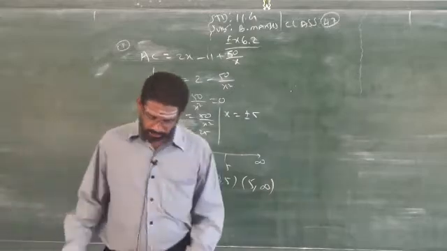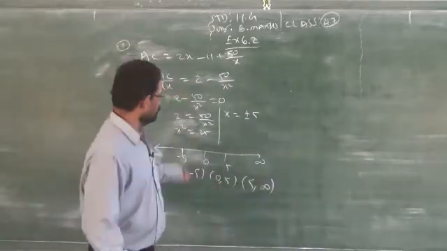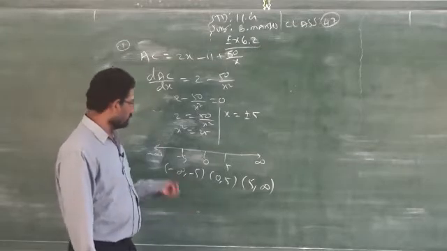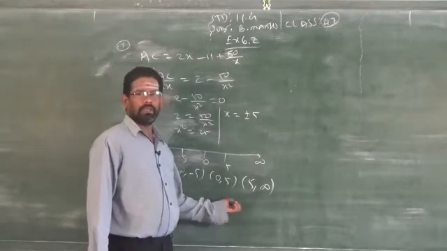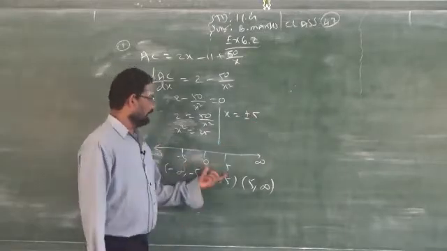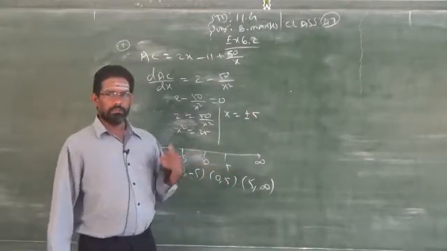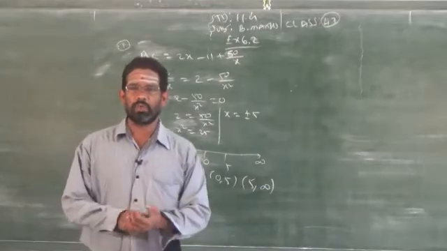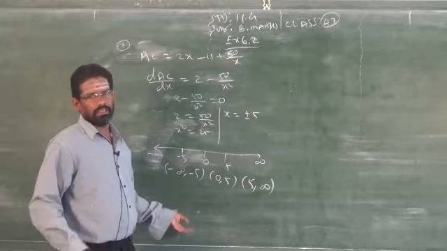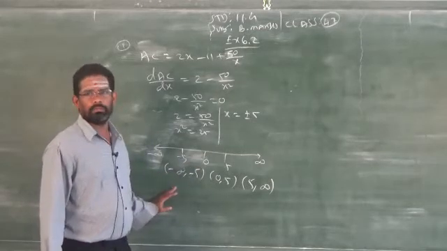Sometimes the question doesn't carry any cost or revenue, so you can write it. But when it is a cost function, you have to take only the positive answer, don't take a negative answer. Here you get ±5 on the number line. This is the common method, but it depends upon the question. If it is revenue or cost, take only the positive answer. For understanding purposes, I did it now.